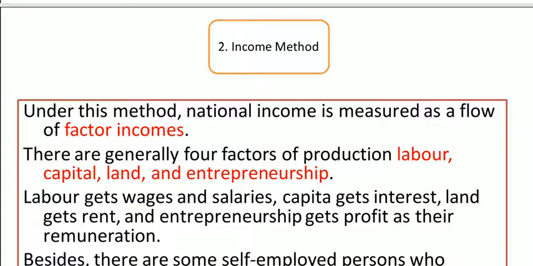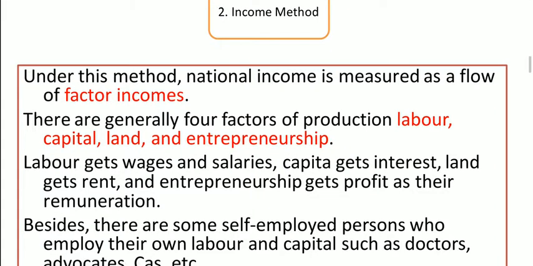Under this method, national income is measured as the flow of factor income. There are generally four factors of production: labor, capital, land, and entrepreneurship.